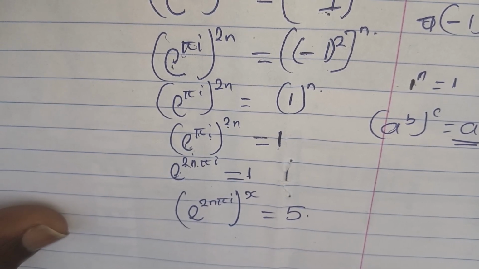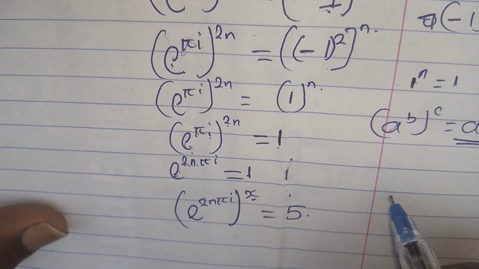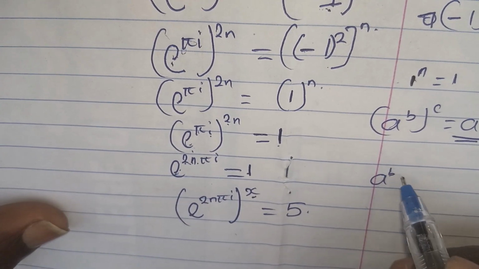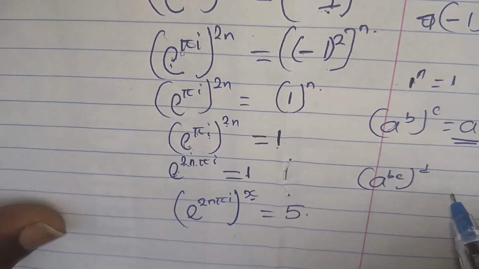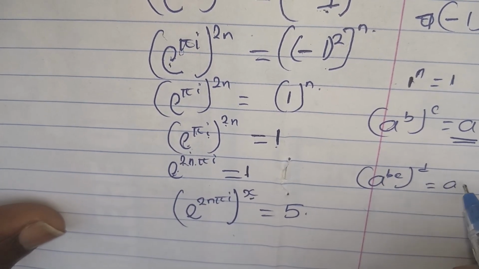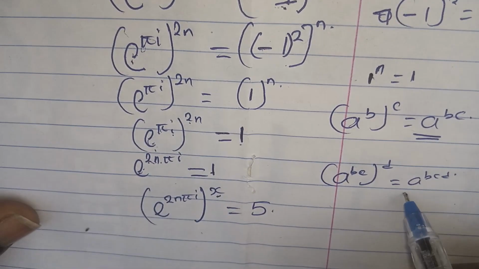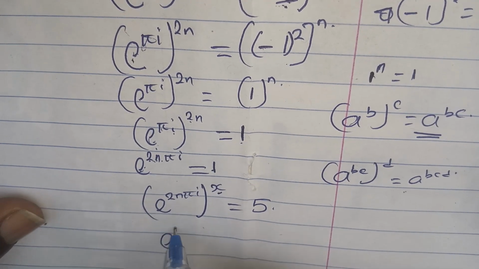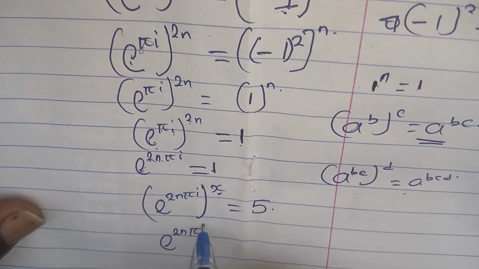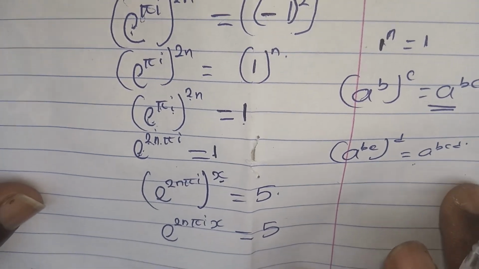We can put this rule here again, which says (a to the power of bc) to the power of d is also equal to a to the power of bcd. So if we put this simple rule here, we have e to the power of 2n pi i x is equal to 5.